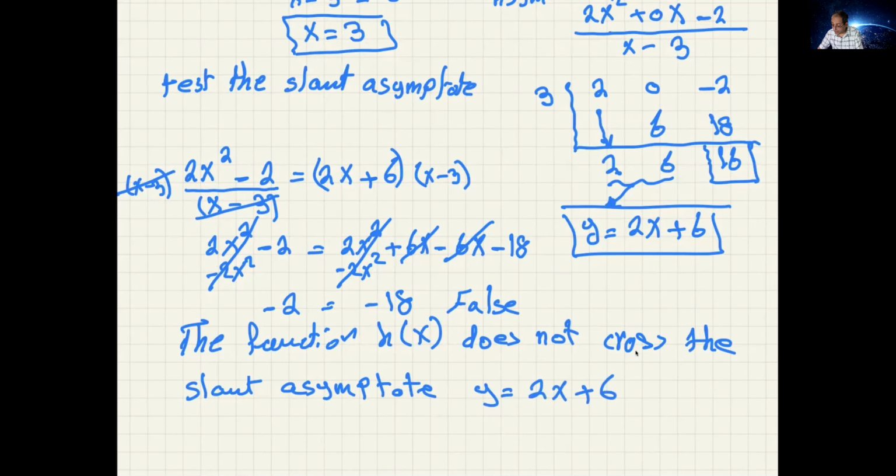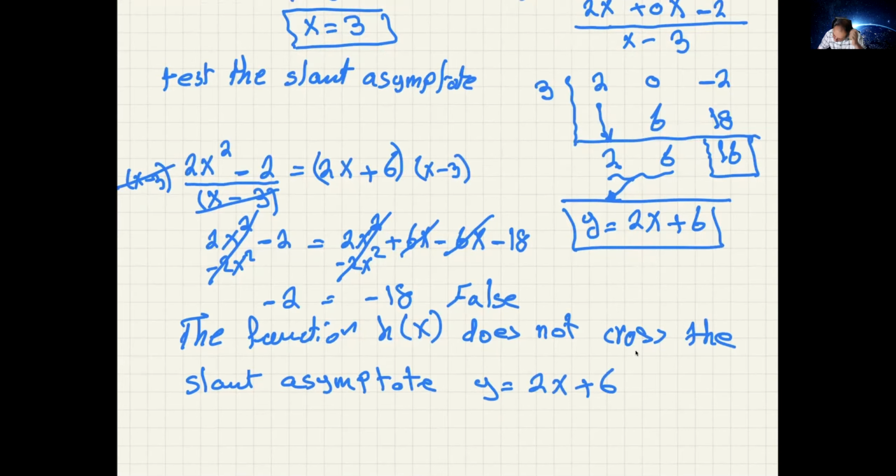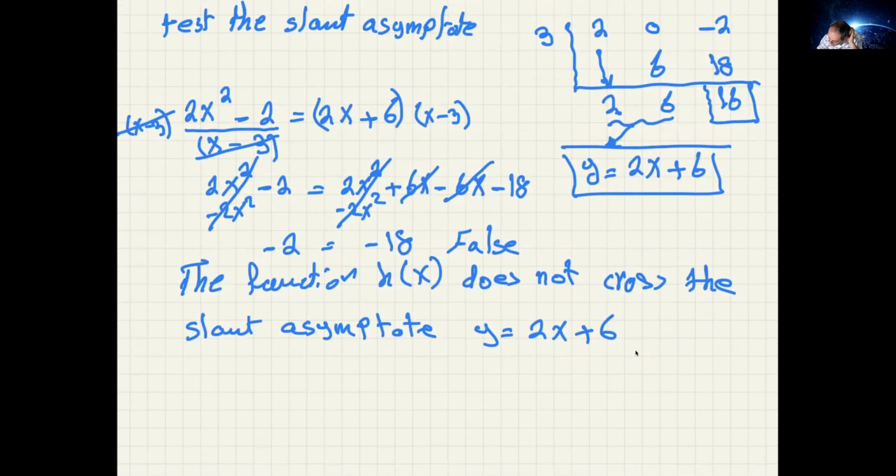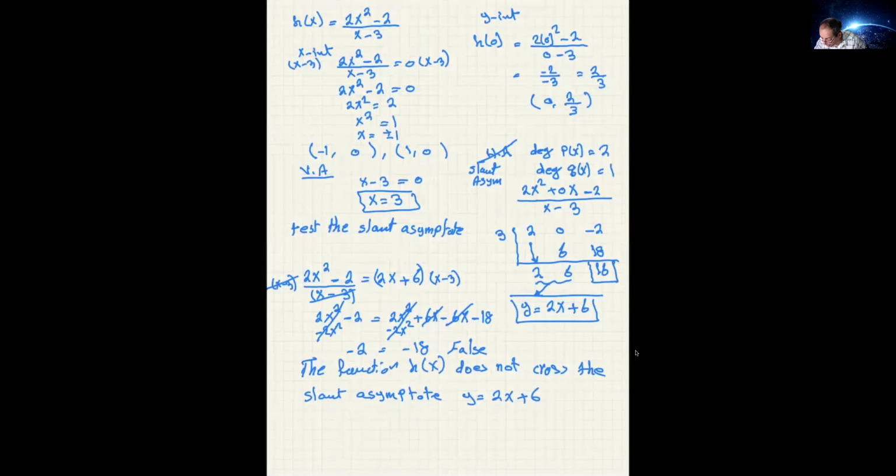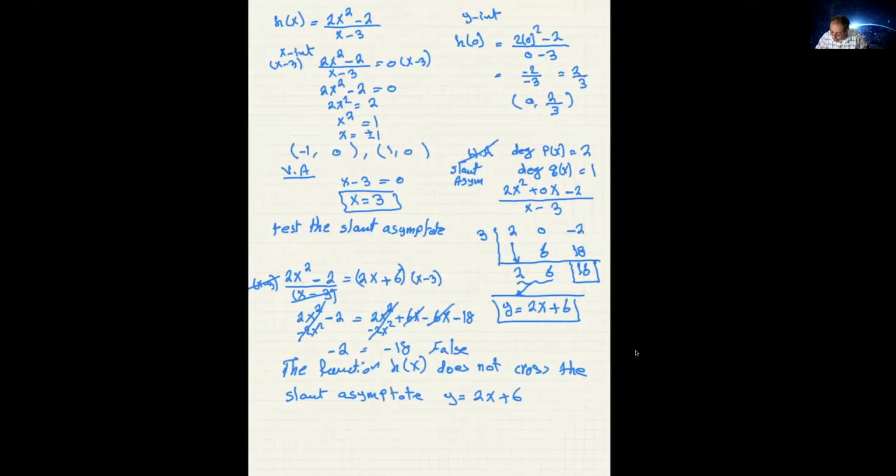All right, now the last step is to test the function. So how many points do I have here? I have, let's see, X-intercepts -1 and 1. And for the vertical asymptote, I have 3. So I have 3 points here. Now let's do that.